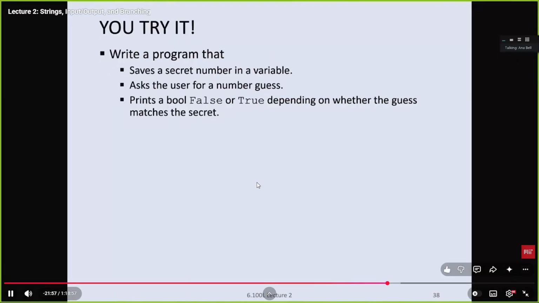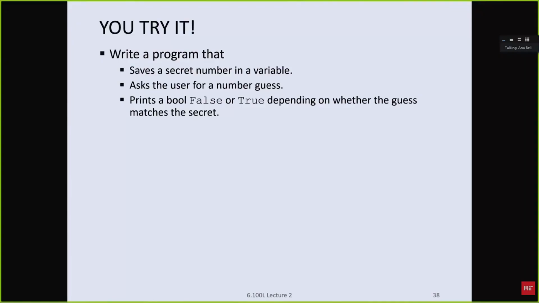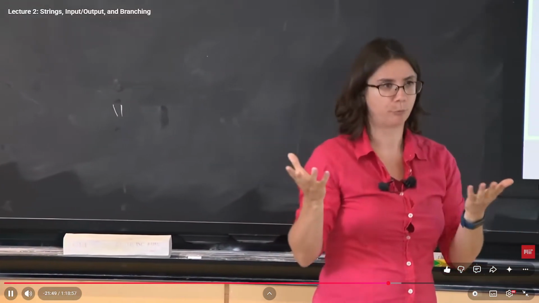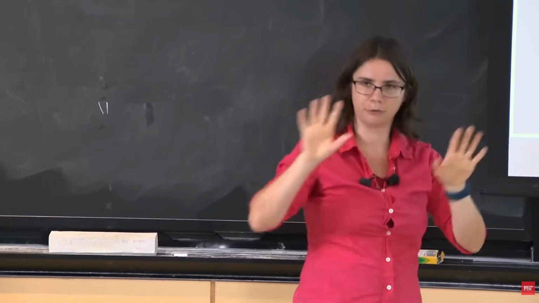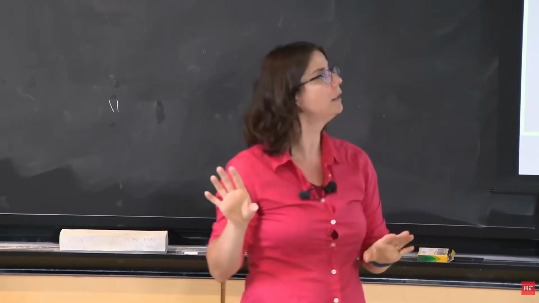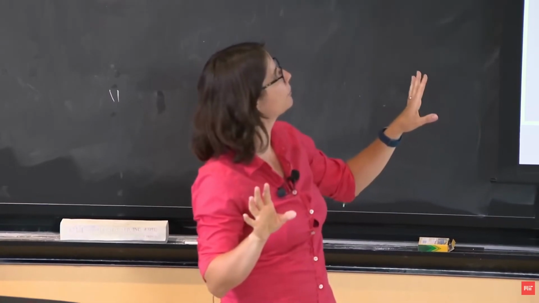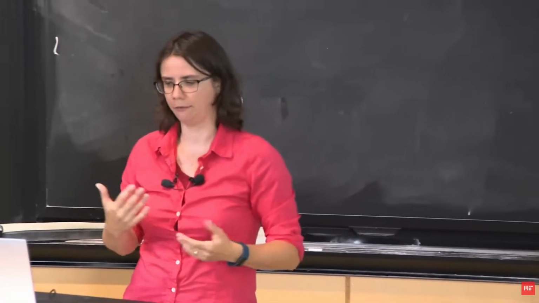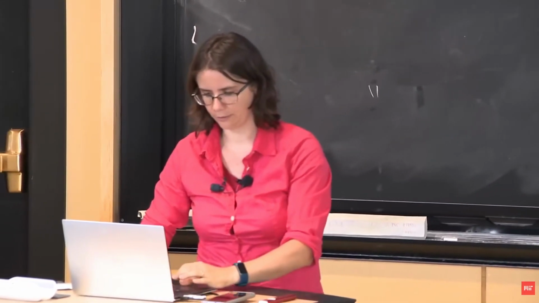So let's have you write a program that saves a secret number in a variable. Okay, so that's going to be your program's secret. Presumably people using your program won't be looking at the program itself. They'll just be interacting with the program in the shell. So save a secret number in a variable, ask the user to guess a number, and then print either true or false if it's the same as your secret or not.